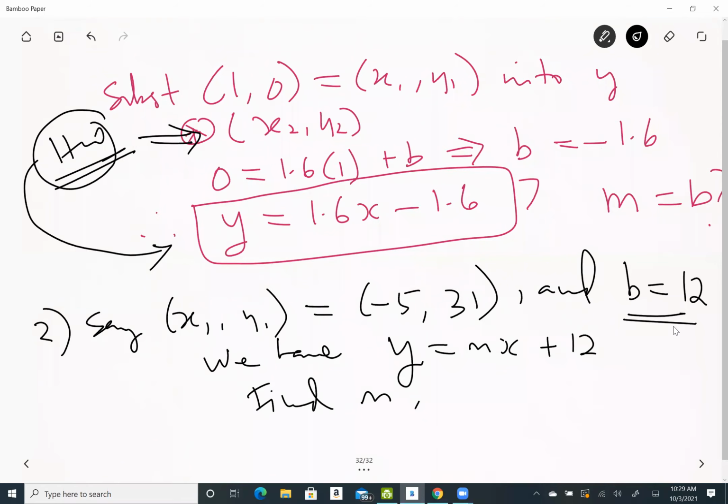Again we substitute the point that you are given, x1, y1, because there is no other point, into y. There will not be much problem. You put in these two values, x1, y1, and then you get m. Can you do that? Do it quickly.